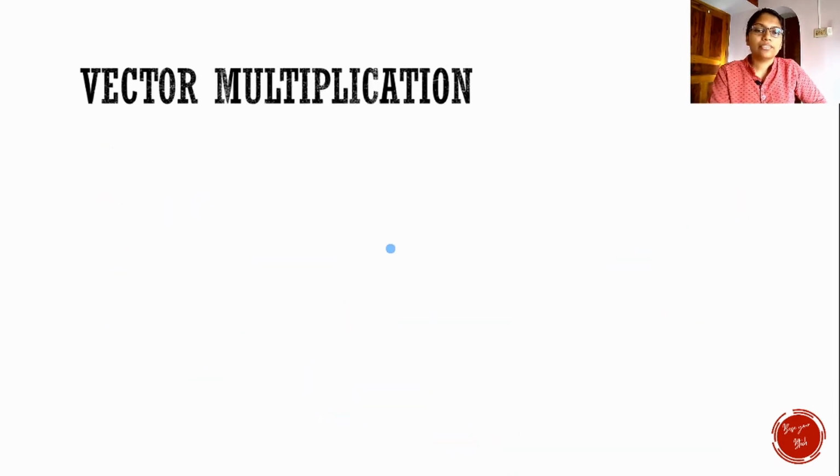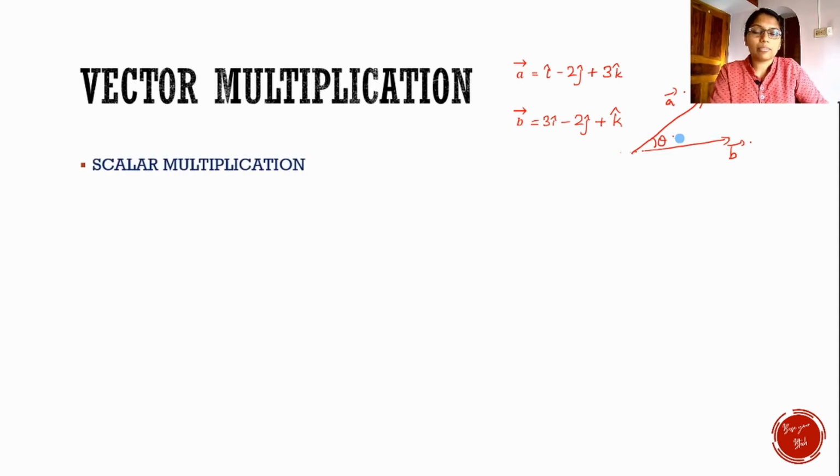So next is vector multiplication. Let's take two vectors, vector a and b. When represented graphically, let this be vector a and here comes your vector b, and definitely they will have an angular separation, that is theta. Now I can multiply these two vectors, and there are two types of multiplication: scalar multiplication and vector multiplication.